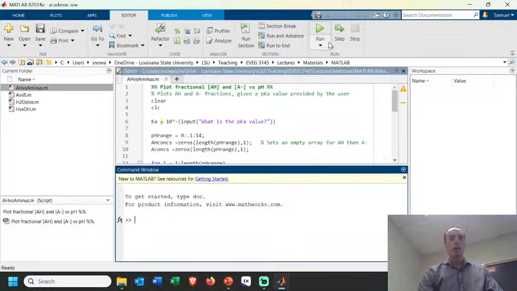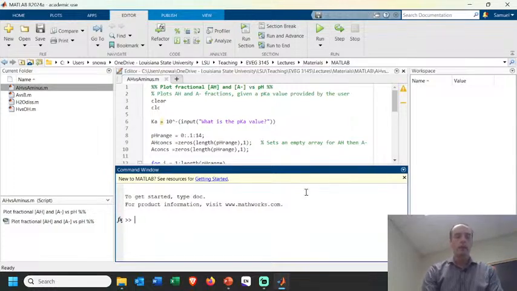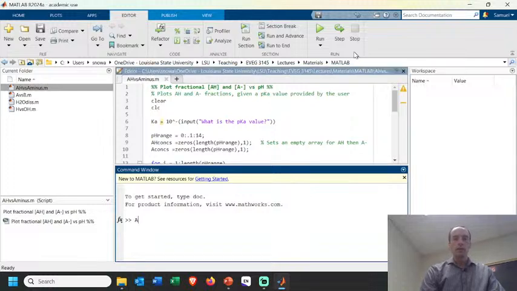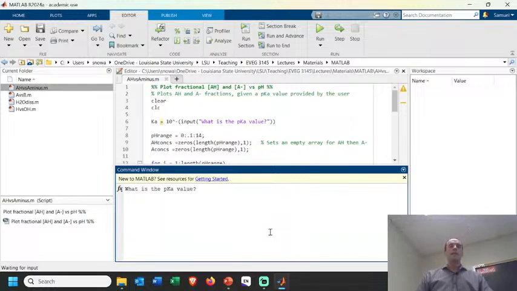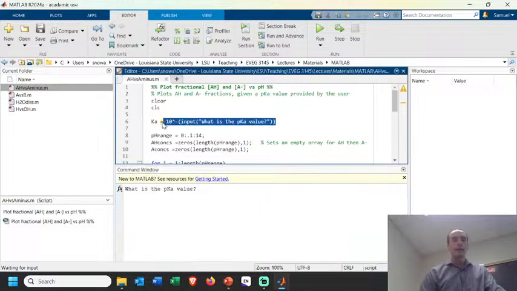I can either run it by clicking the start button or typing in the command here, assuming I'm in the right location. I think I am. I type the name of the program, AH versus A minus, hit enter, and then it runs. It's asking me, what is the pKa value? The reason is that I coded it to say some variable Ka is set equal to 10 to the minus, and then in parentheses, input.